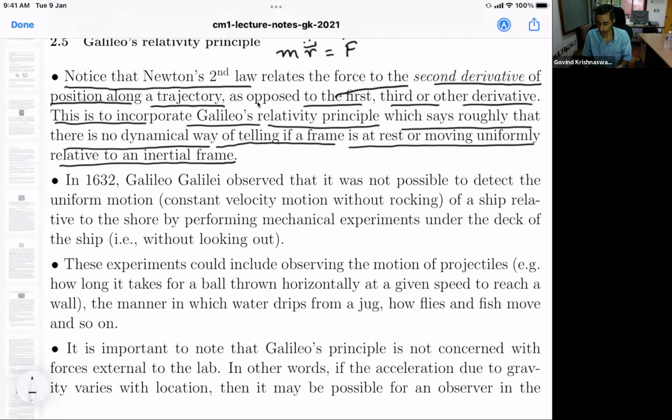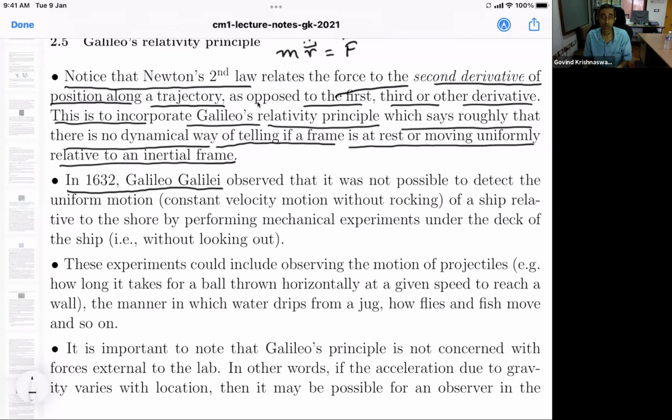So to make this a little clearer, let us make things a bit more concrete and go back to what Galileo discussed in 1632. This appeared in his book, a dialogue between the two principal world systems or some such thing. I forget the title of his famous work.